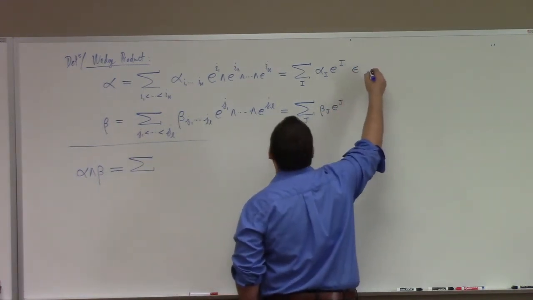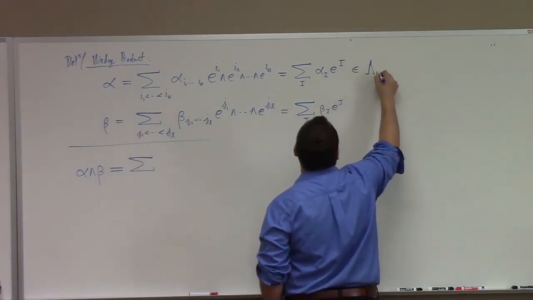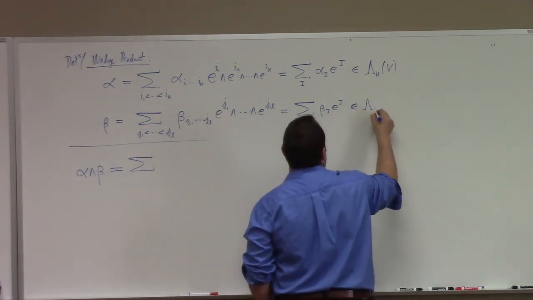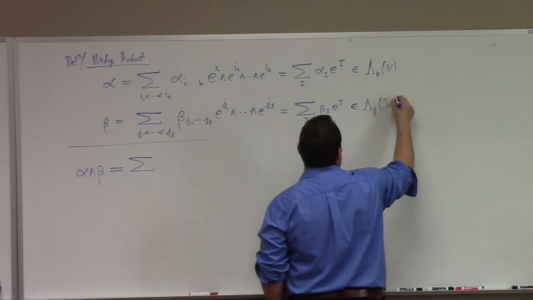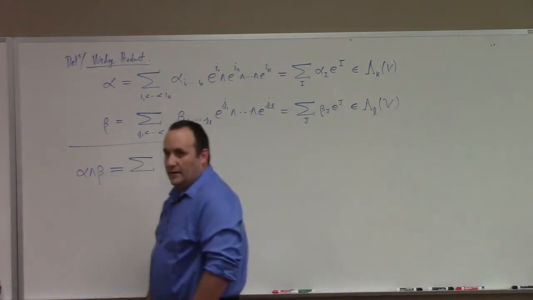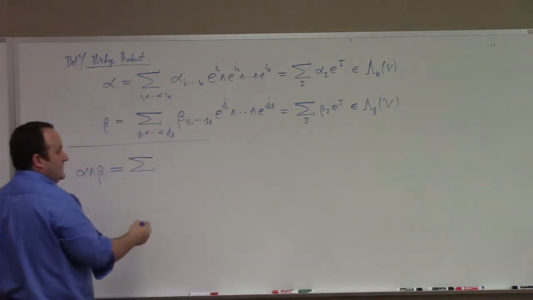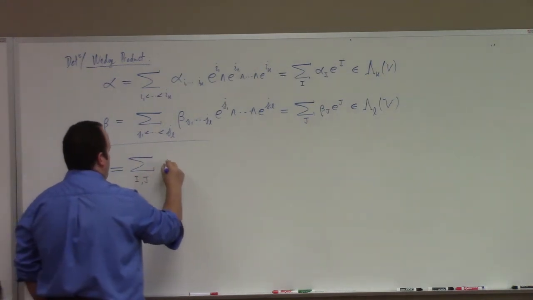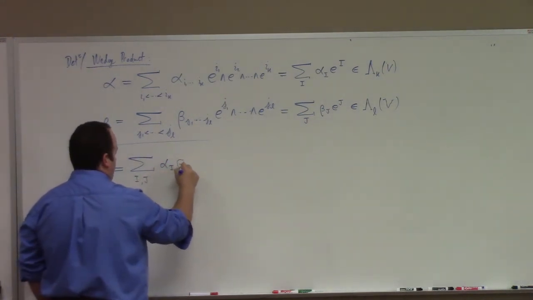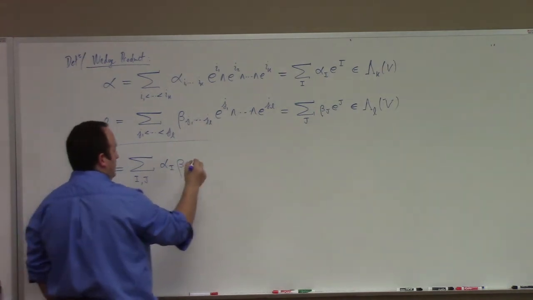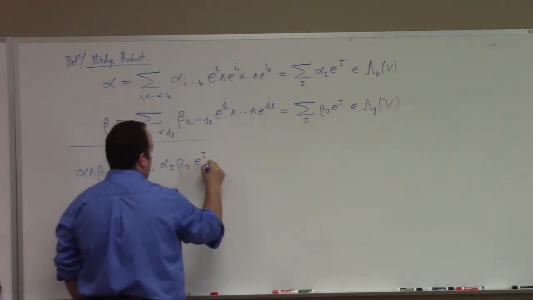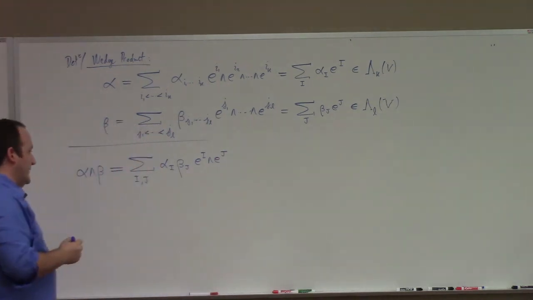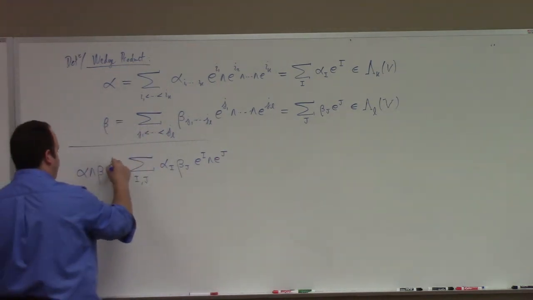Of course, this is in the K forms over V. This is in the L forms over V. And so, in short, it's just the sum over ij of alpha I, beta j, ei wedge ej. That's the definition.